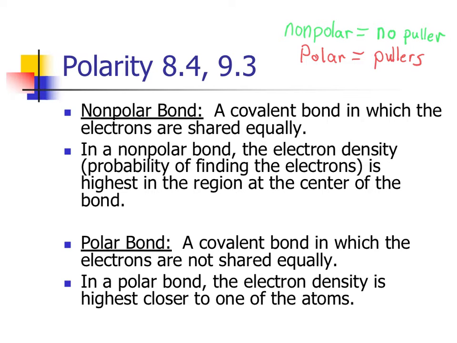Which always seems that somebody is not getting an equal share. When we have an equal share, nobody pulls harder than the other. Everything's nice. The car doesn't seem as if it's one person's more than the others. The electrons don't seem that they're another element's more than the others.